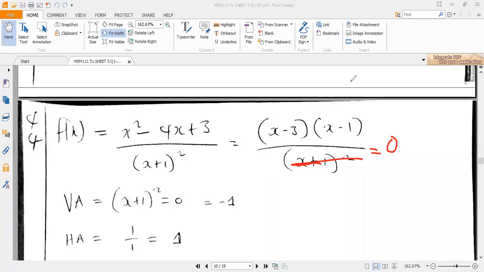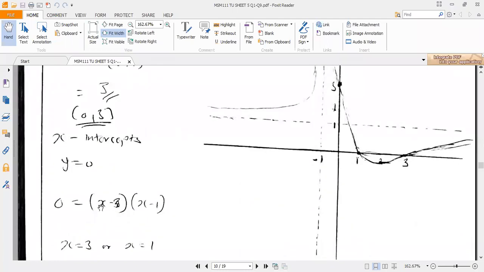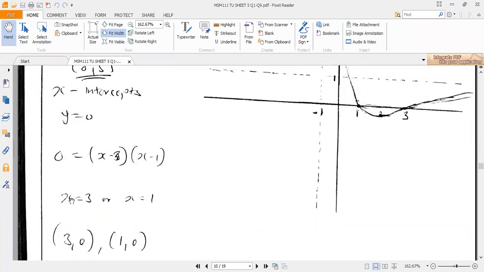Then you have something like this: (x minus 3)(x minus 1) equals 0. So when you solve for x, you discover that your x-intercepts take place at x equals 3 or x equals 1.